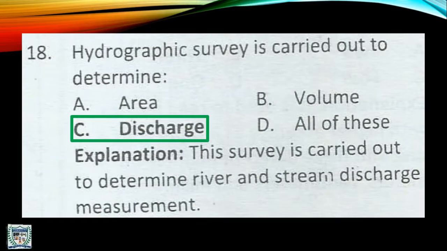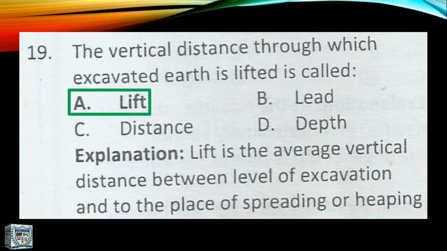Question 18. Hydrographic survey is carried out to determine the option C, discharge. This survey is carried out to determine river and stream discharge measurement. Question 19. The vertical distance through which excavated earth is lifted is called the option A, lift.